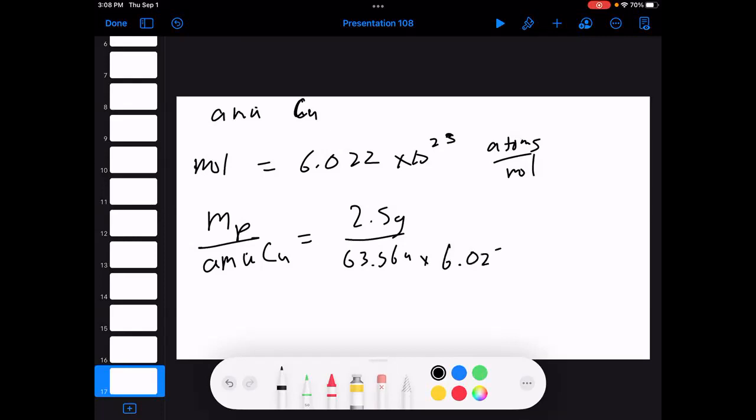And then how do you convert that to grams? Let me guess, you multiply it by 1.66 times 10 to the negative 24th grams per atomic mass unit.